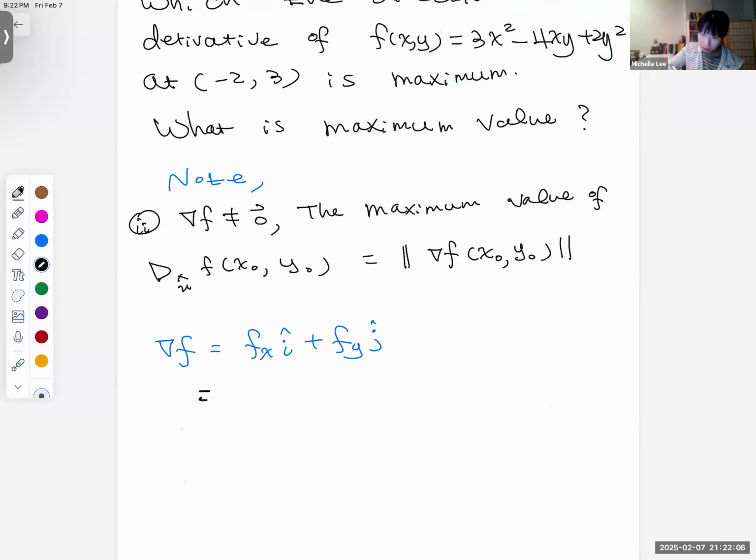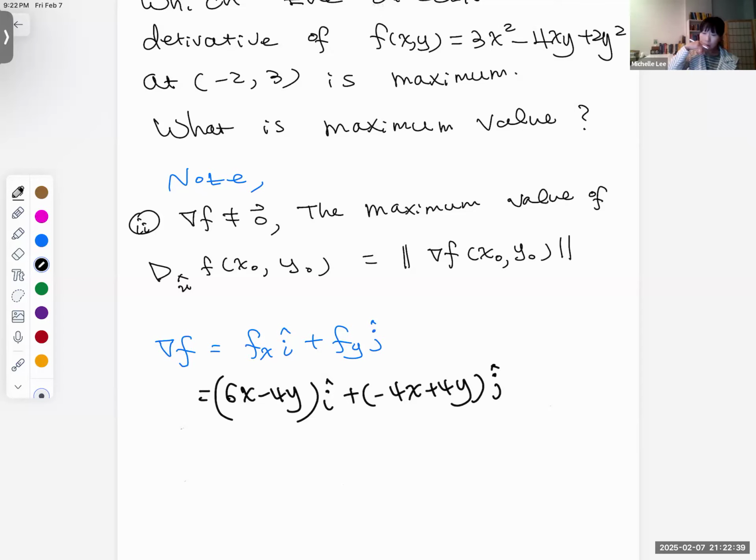Plus the partial derivative with respect to y, which is negative 4x plus 4y, j hat, right?